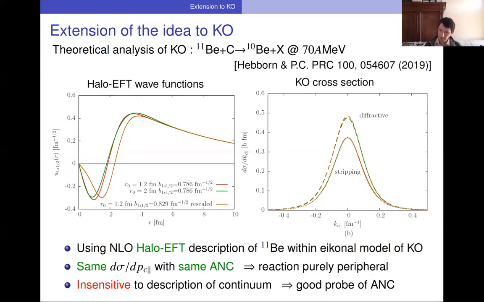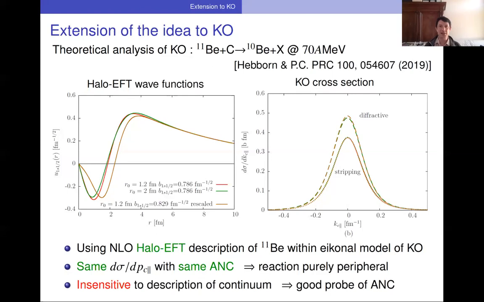And so it suggests that this would be an excellent probe of the ANC because you have very little dependence on the way you describe the continuum. So far we've not compared to data because that was the first step of the work. So it's ongoing work. We have no direct comparison with data yet. So hopefully in the future we'll come with something else.